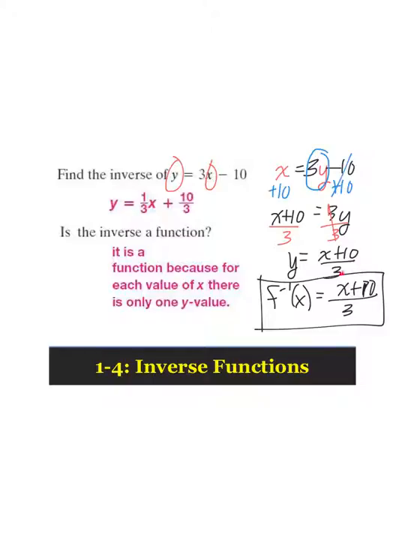Put x plus 10 in parentheses divided by 3, enter. It looks like a straight line like this. So that definitely passes the vertical line test.